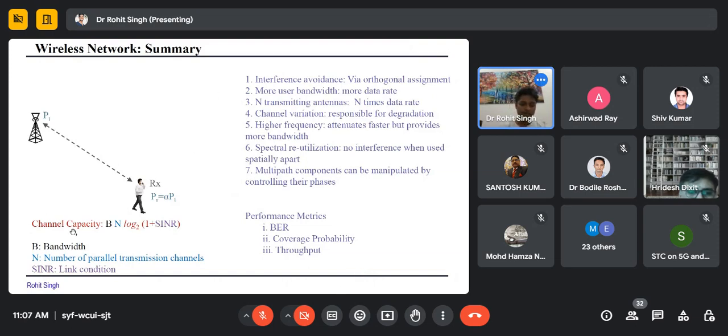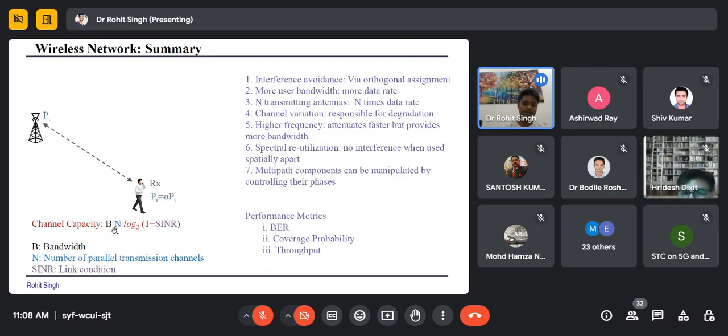First, this is the very well-known equation, the Shannon-Hartley capacity theorem, or capacity equation, where the channel capacity depends on the channel condition, that is, the signal to interference and noise ratio. So the better the SINR, the higher the data rate it can achieve. Also, the data rate depends on the available or assigned bandwidth to the user.